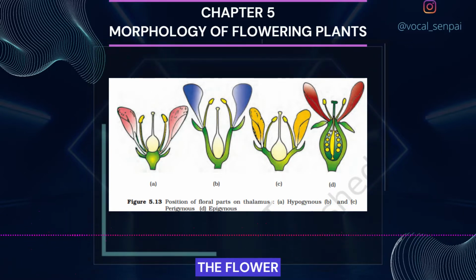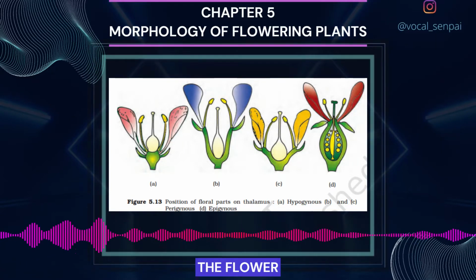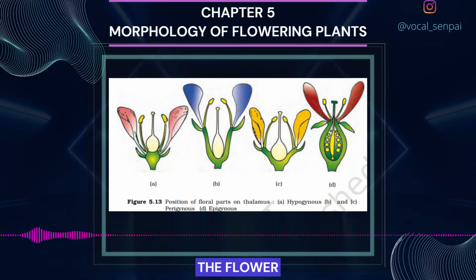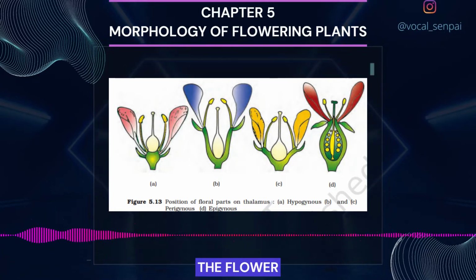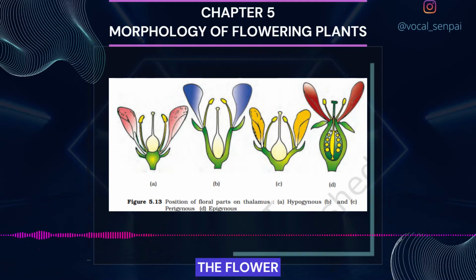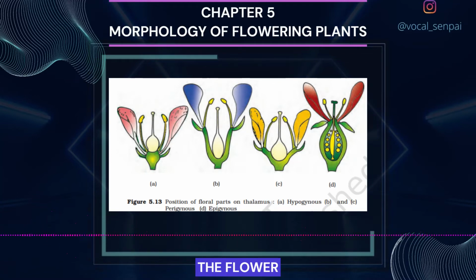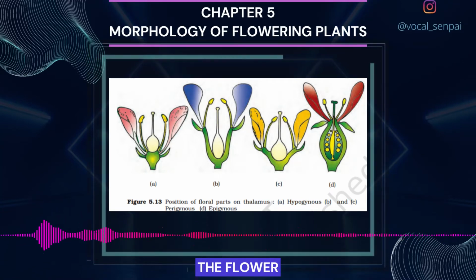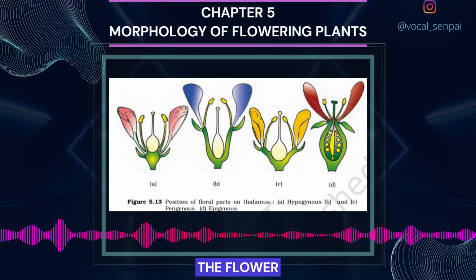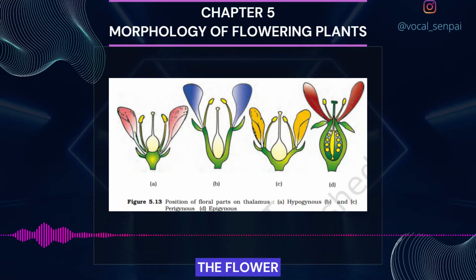In the hypogynous flower, the gynoecium occupies the highest position while the other parts are situated below it. The ovary in such flowers is said to be superior, example, mustard, China rose and brinjal. If gynoecium is situated in the center and other parts of the flower are located on the rim of the thalamus almost at the same level, it is called perigynous.